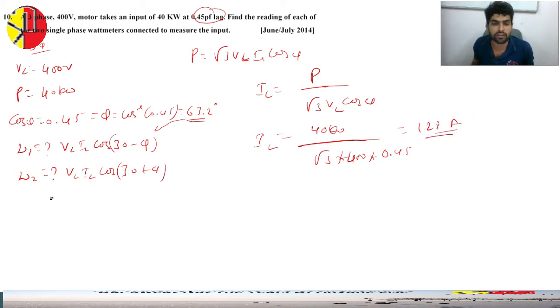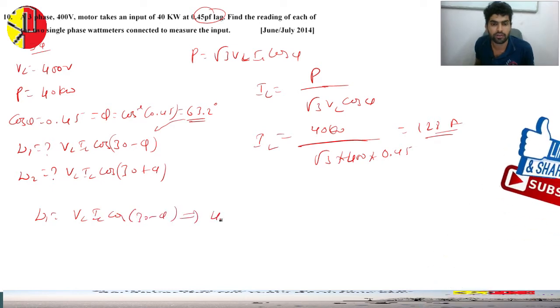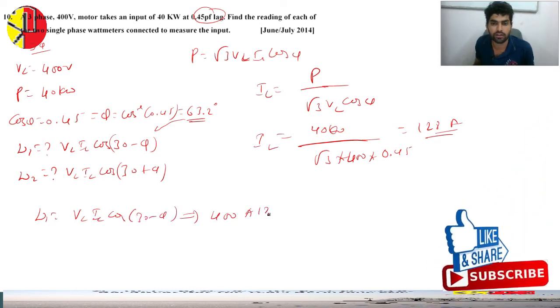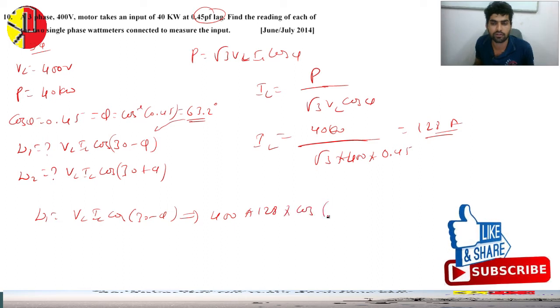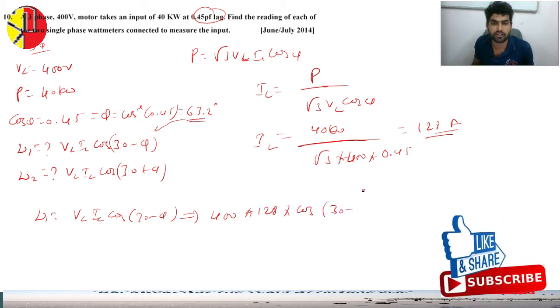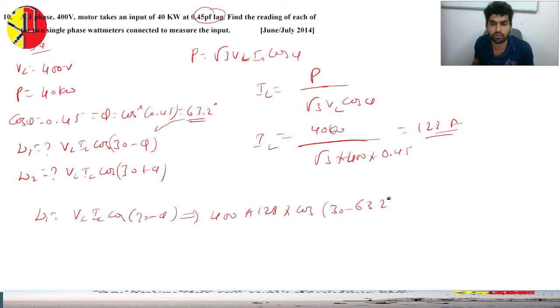Okay, just to substitute over here, W1 is equal to VL IL cos(30 minus phi). Just to substitute over here, VL is 400 into IL is 128 into cos of (30 minus 63.2). You will get 42.91 kilowatts.